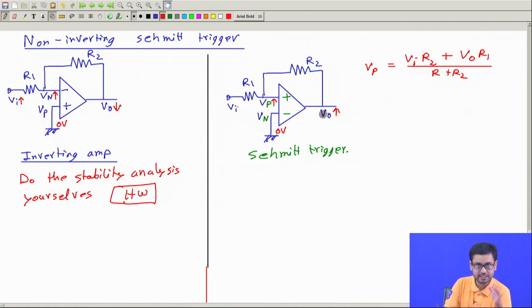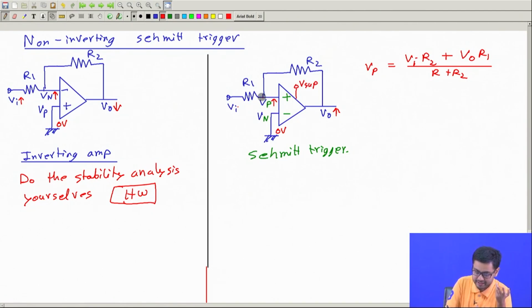Due to this chain reaction, informally speaking, output will keep increasing and will go to the positive supply voltage, plus V supply.